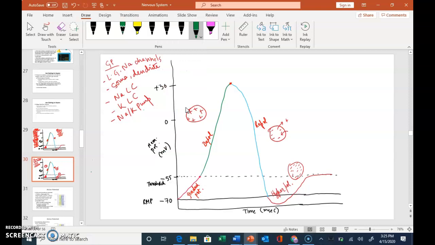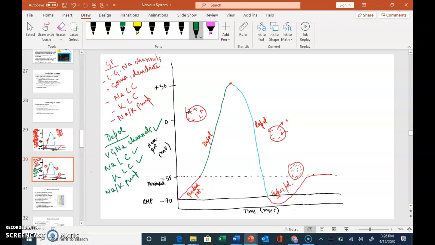Okay. So depolarization. During depolarization, we have the voltage-gated sodium channels open. How about the sodium leak channels and potassium leak channels? Obviously, they are open too. How about the sodium potassium pump?